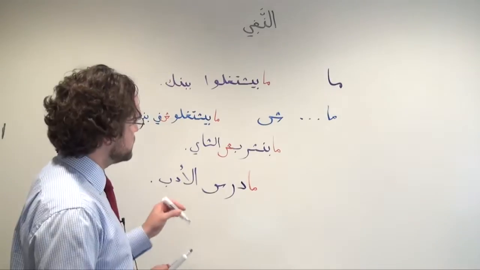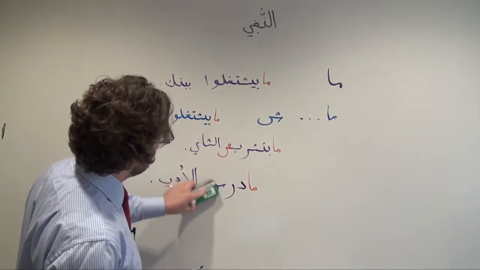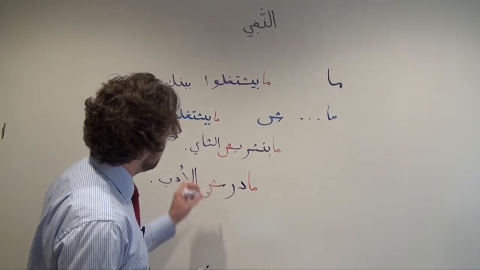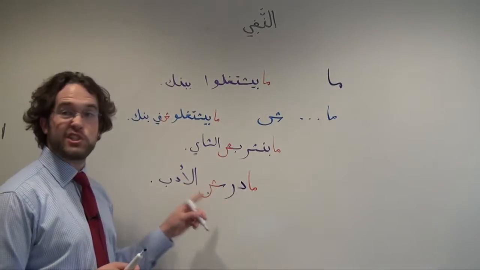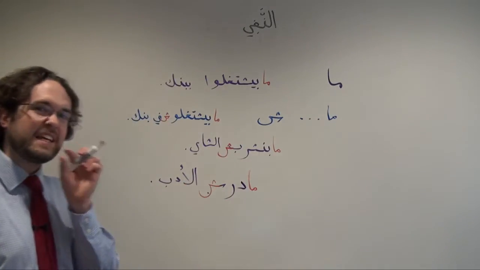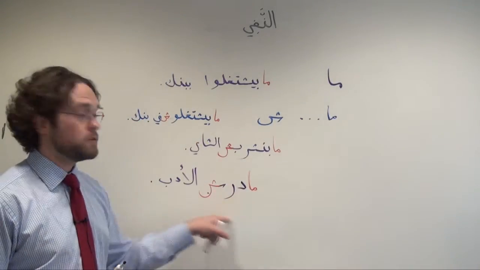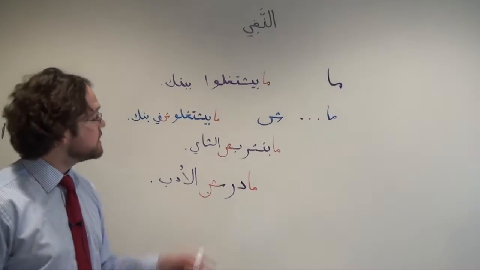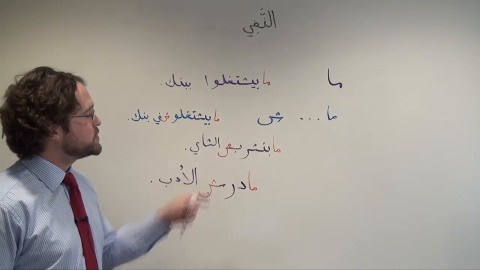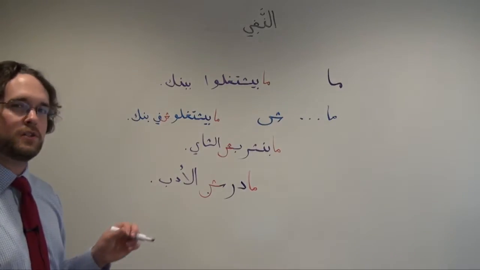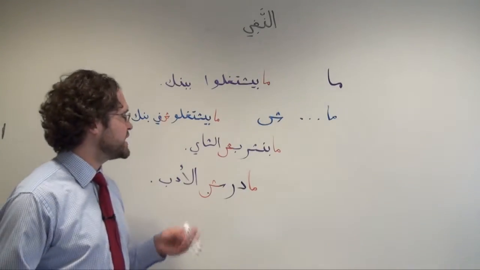And in Masri, we would tack that sheen on to the end. ما درسش الأدب. And we need to hear that sheen clearly so we can understand what verb we're talking about, درس, to study, and we need to hear the sheen. So you might want to practice that. It can be a little bit of a tongue twister if you're not used to it. ما درسش الأدب.